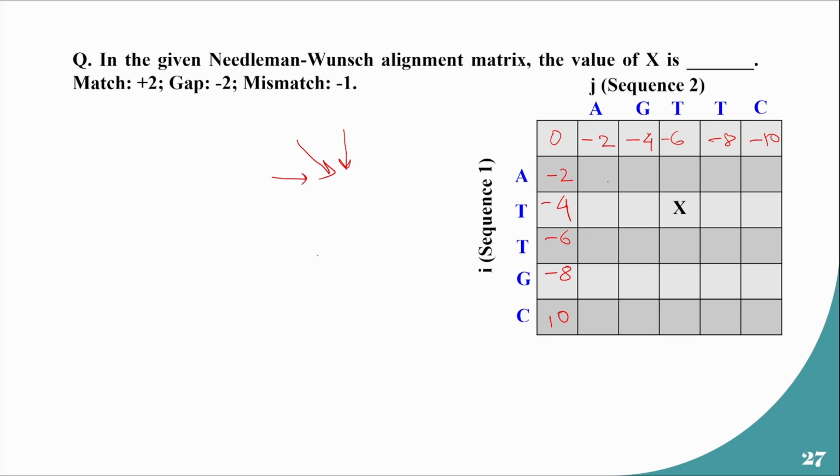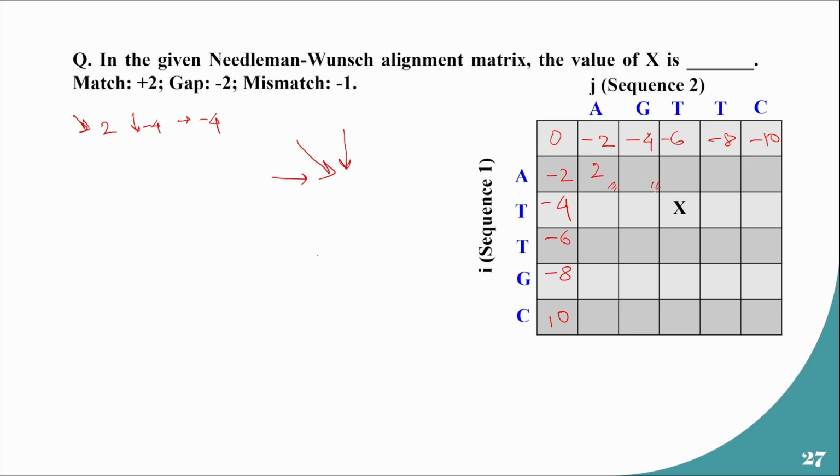So if we start the calculation, for example, for this grid, what will this be? For the diagonal value, since this is A versus A, we'll get 0 plus 2 equals 2. For the vertical one, we'll get -4. For the horizontal one, we'll get -4. So that should be 2. Okay.